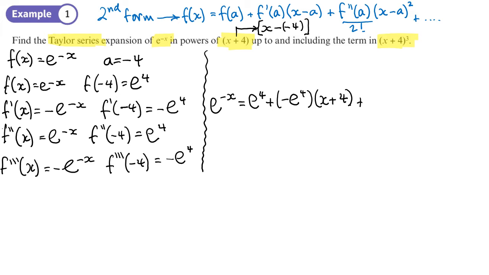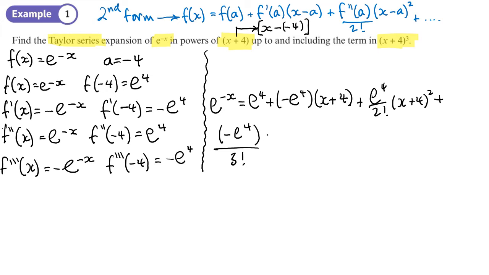Plus, and we'll tidy this all up in a minute, the second derivative at a, which is e to the 4, over 2 factorial, times x plus 4 all squared. Then the next term is going to be the third derivative at -4, which is minus e to the 4, over 3 factorial.